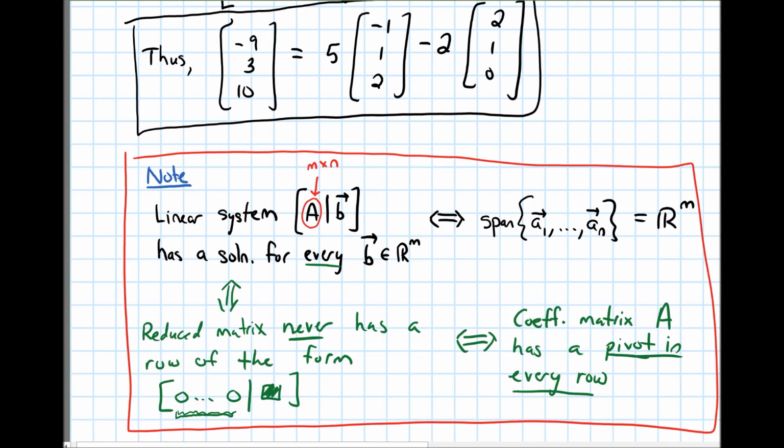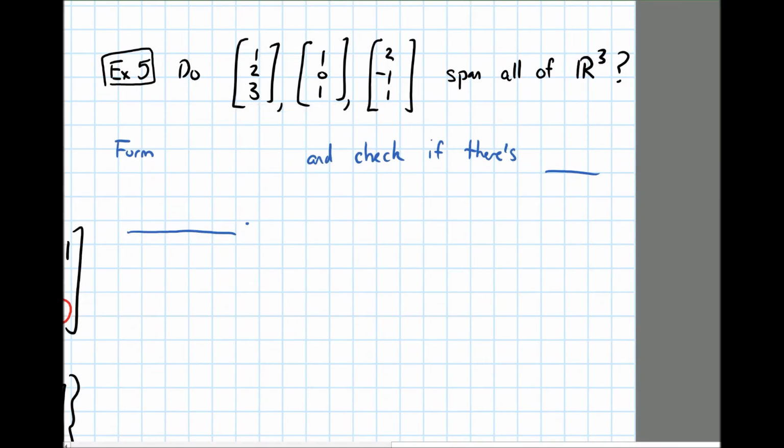Okay, so let's do an example quickly where we check for this. Here is our example right here. Do the vectors (1, 2, 3), (1, 0, 1), and (2, -1, 1) span all of R3?